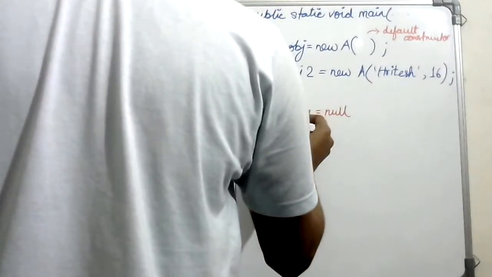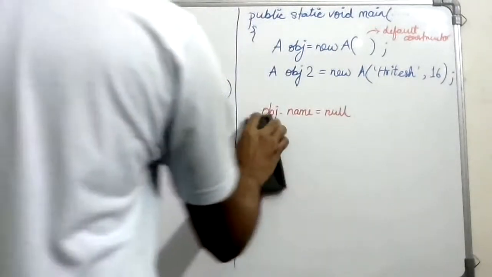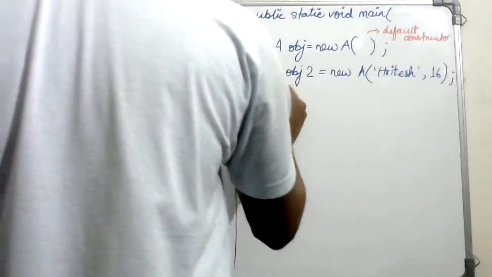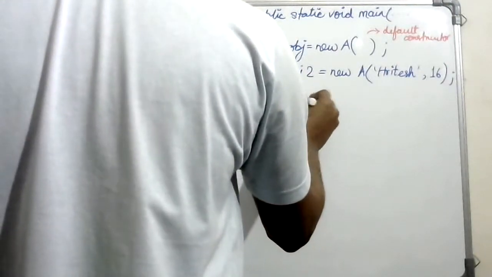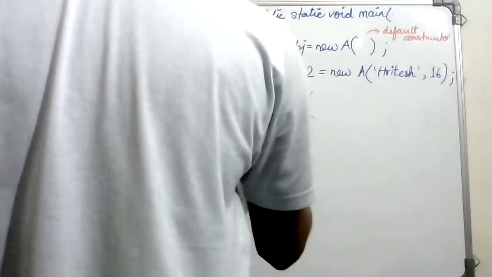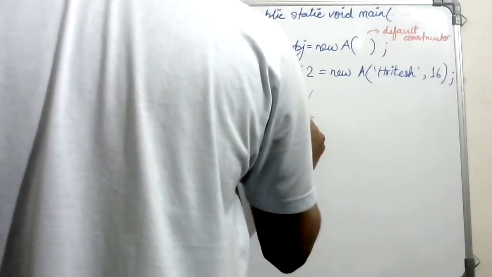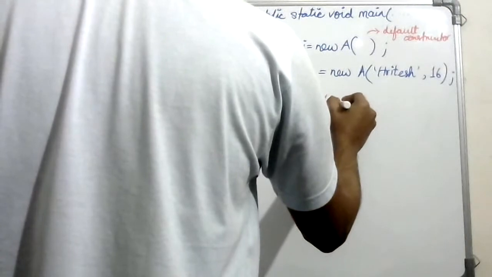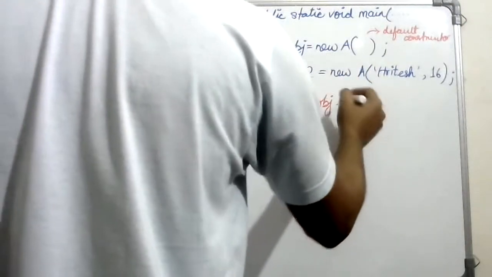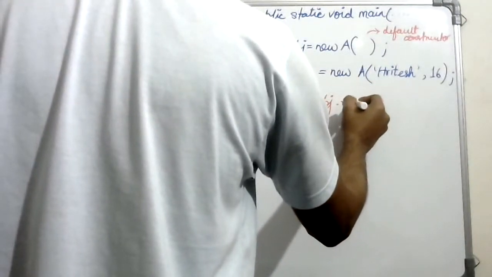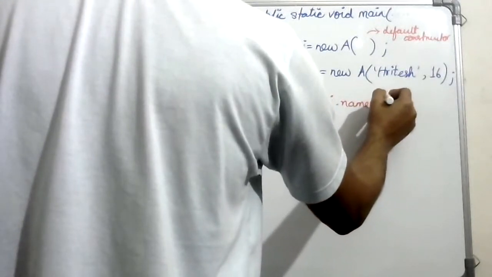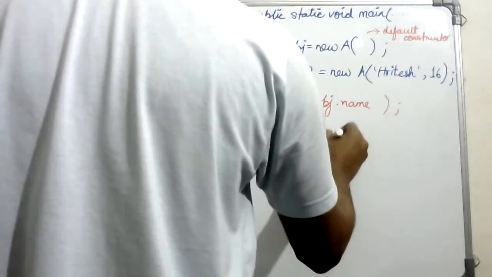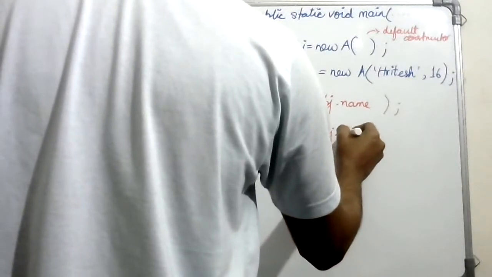Let me write it in this way. If I do SOPLN just to check what values have been initialized, I'll have two SOPLN statements. Let's first do it for the first object, obj.name, and the second variable of the first object, obj.age.